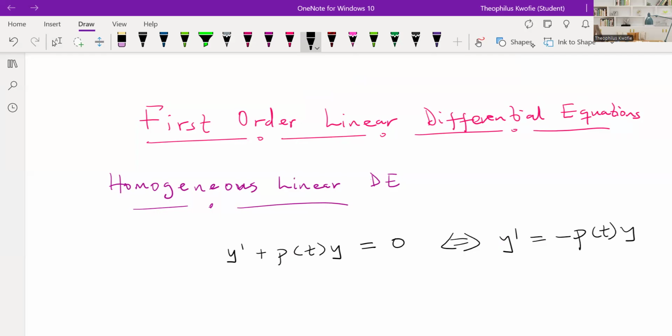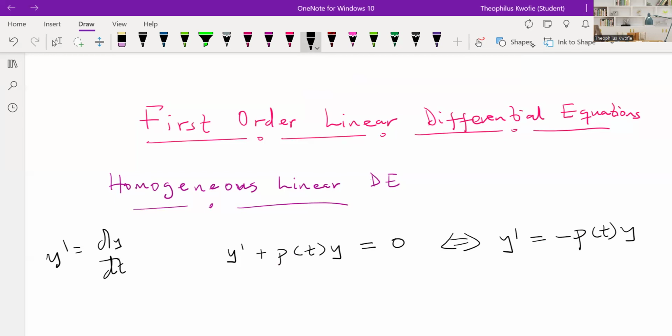The y prime in this case is the same as dy/dt, the first derivative. When you say y prime in this differential equation, we are referring to the first derivative. Very important. Let's get going.